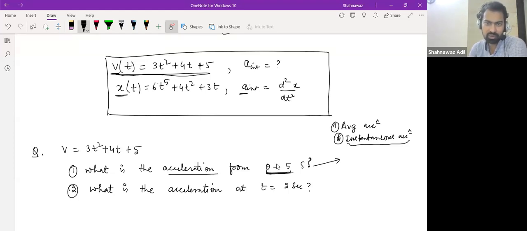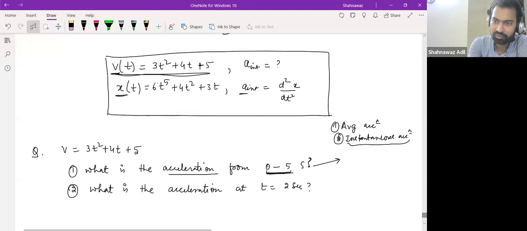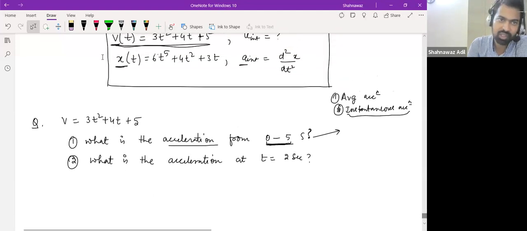So guys, did you understand this part? Rishita, Akib, Afaf, Amna, understood. Okay, Amna, you tell me, what is the average acceleration, or have you forgotten?